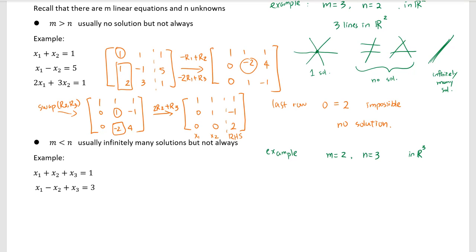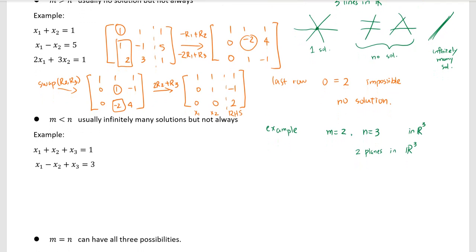Remember, linear equations in R3 correspond to planes. So this is like two planes in R3. They could either intersect like this, or they don't intersect, or they could be the same plane.